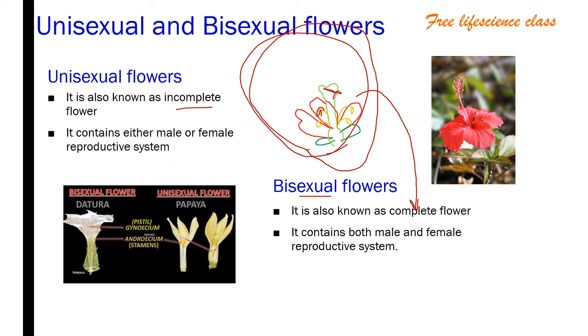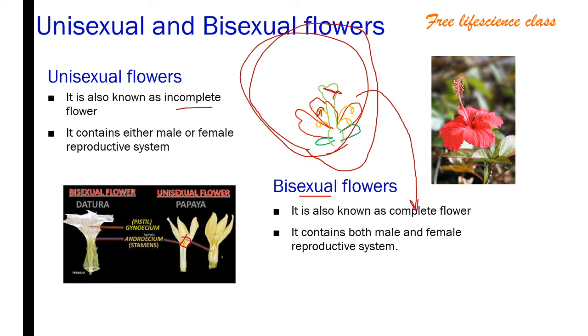For example, you can see papaya. In papaya, this flower consists of androecium, that is stamen. That means this flower consists of only androecium. There is no pistil, carpel or gynoecium. But in the case of bisexual flowers, both stamens as well as gynoecium are there.